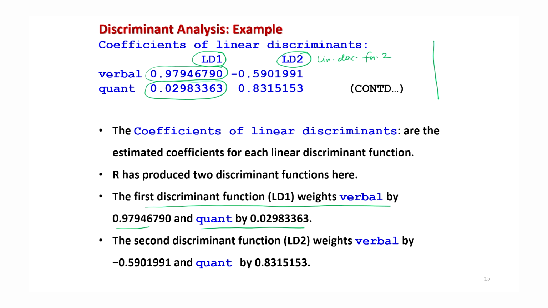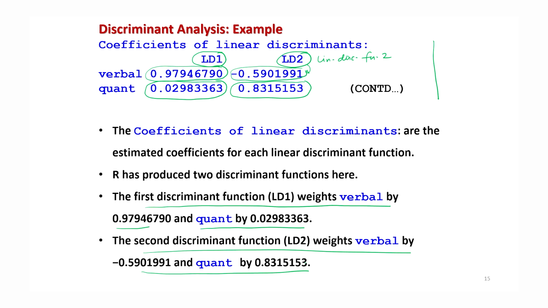Similarly, in the second case, LD2, the coefficient or weight of verbal is minus 0.59 and the coefficient or weight of quant is 0.83. This is how we interpret it.